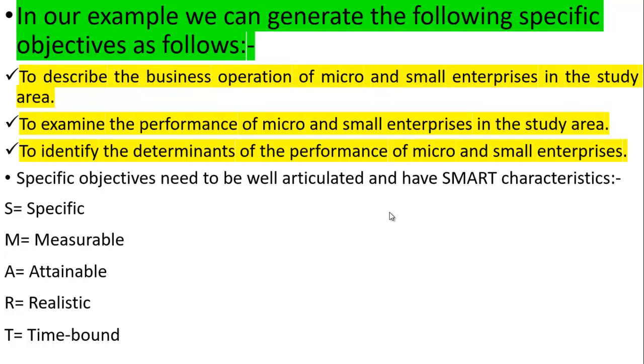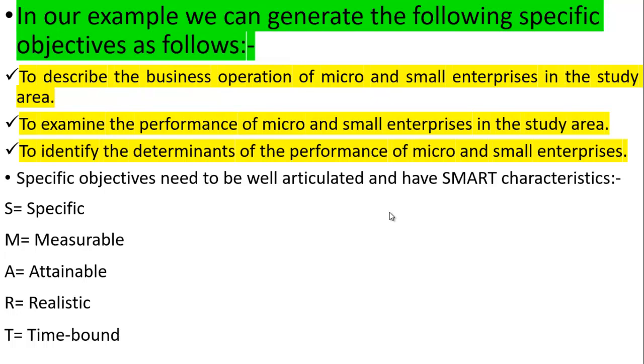Okay, we can at the end evaluate. The objectives should be evaluative enough, can be gauged, and attainable. Okay, the study should be attainable within the time and finance allocated.